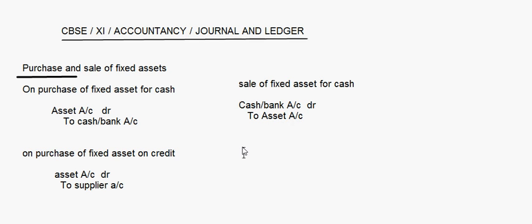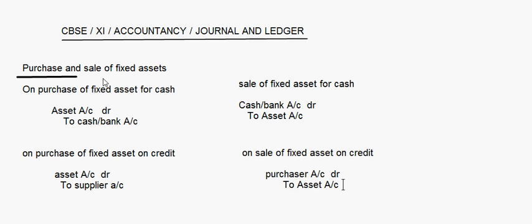Same way, on sale of fixed asset on credit, the purchaser account will be debited and asset account will be credited here, right? So these are the entries pertaining to the purchase and sale of fixed asset.